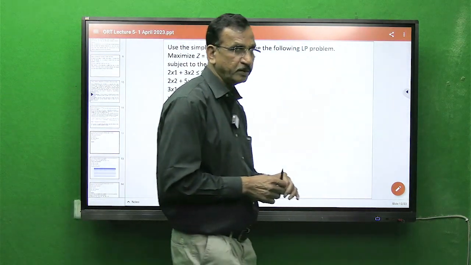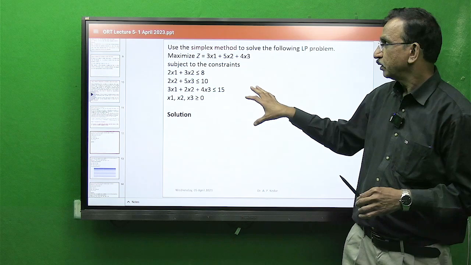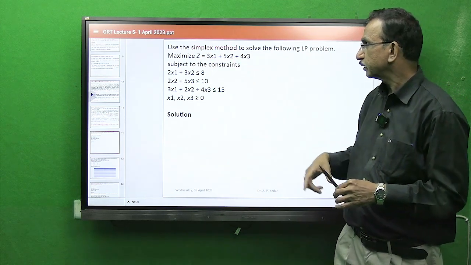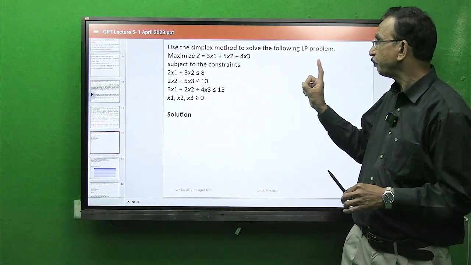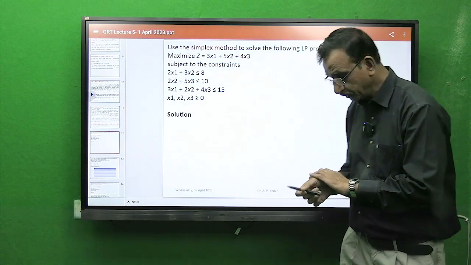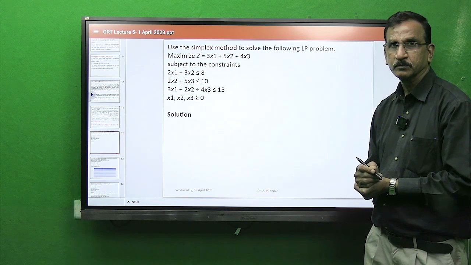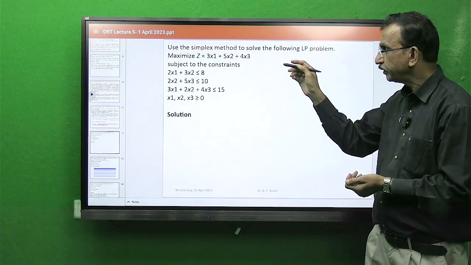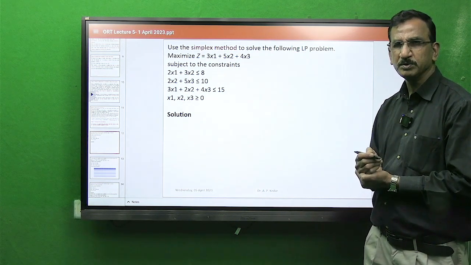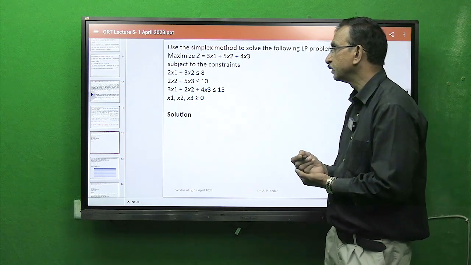You can find this problem. So this is the problem, and here it is written, use the simplex method to solve the following linear programming problem. Now here you will be surprised. If you meticulously look at the problem, you will be surprised. Why am I saying like that?